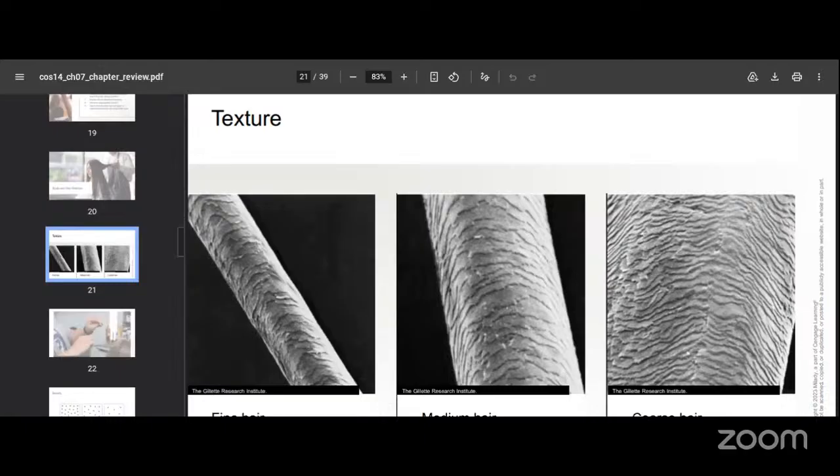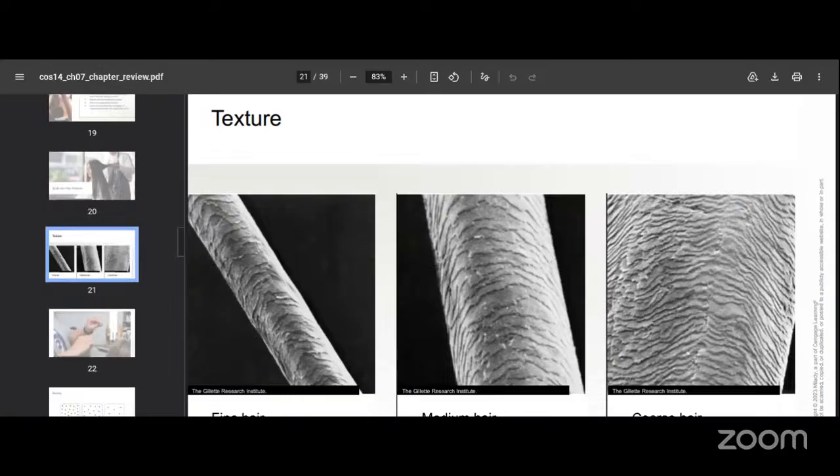Individuals talk about texture training, texture education, texture manipulation, so many things.